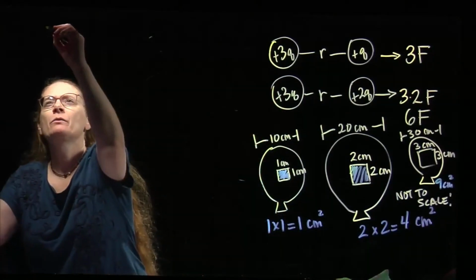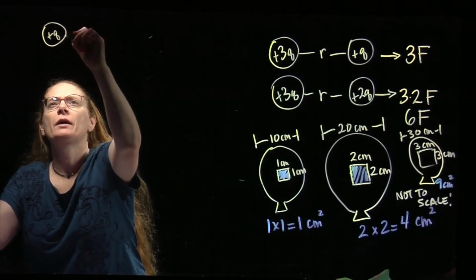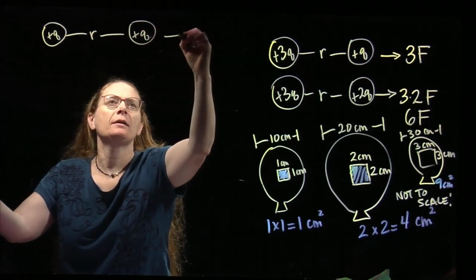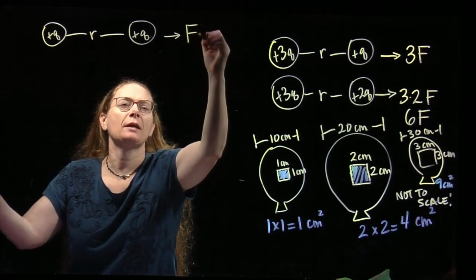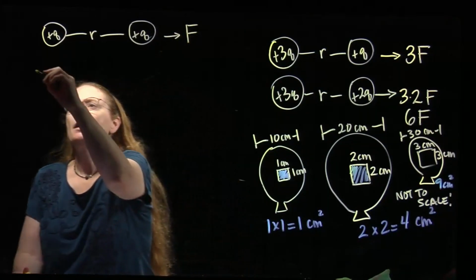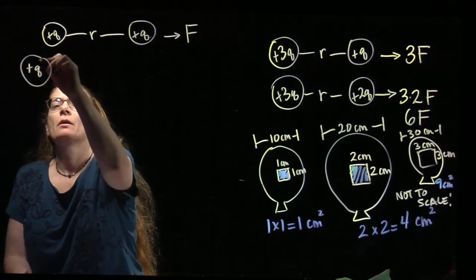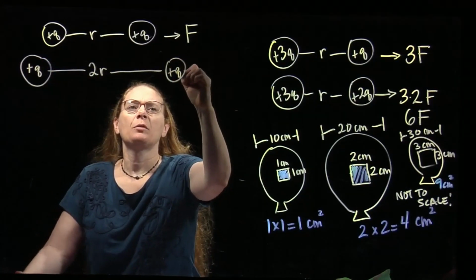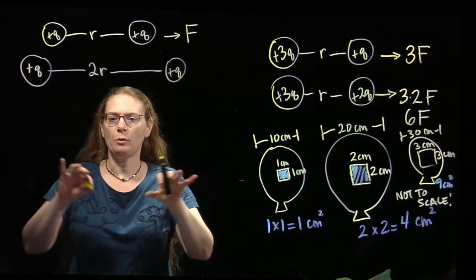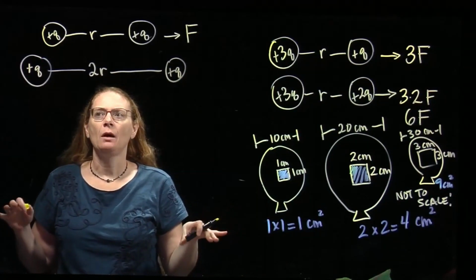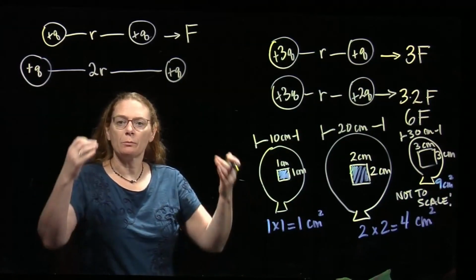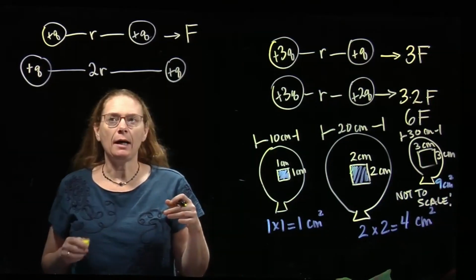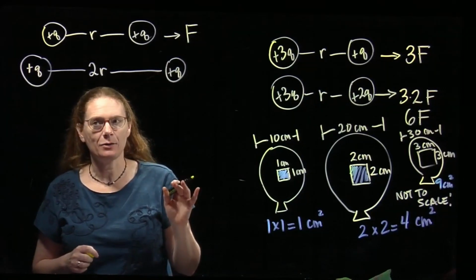If I have plus q at a distance of r from a plus q, I said that gives me just my standard force F that I'm comparing against. If I have plus q now at 2r from a plus q, so same amount of charge but I'm doubling the distance, you can probably imagine that the force is going to be smaller because we're farther apart, a weaker force, but it's not half as strong.